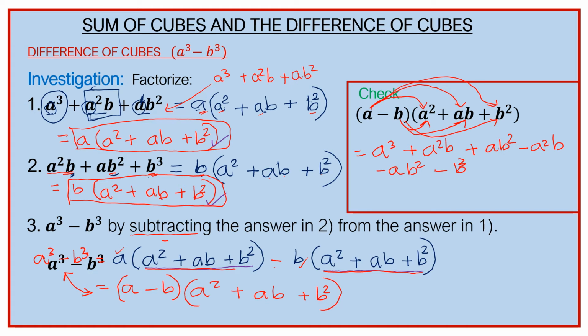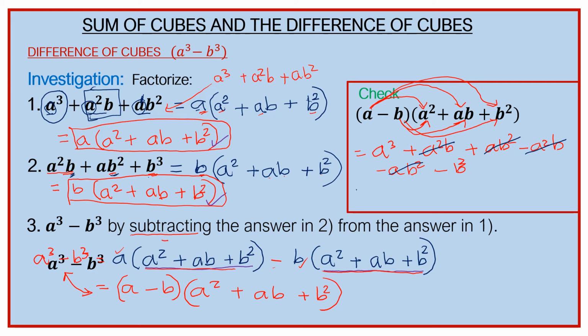Now, you see that a²b will go with minus a²b, that will go away. Then ab² will go with minus ab², because we will get 0.